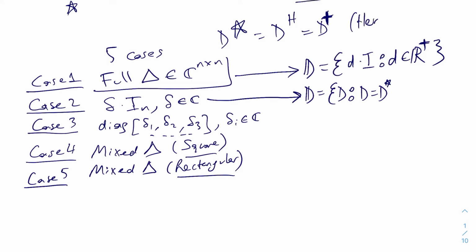Is like Hermitian. Okay. And also positive, and it's in complex, right? N by n. All right.